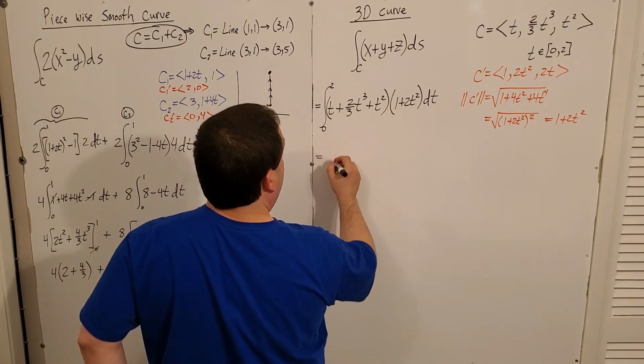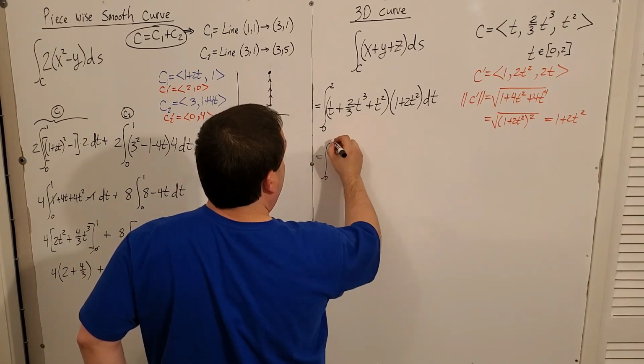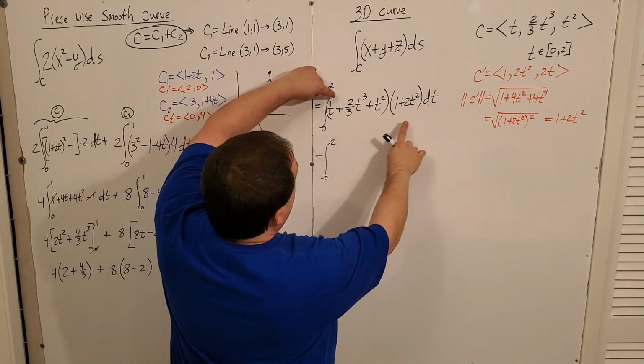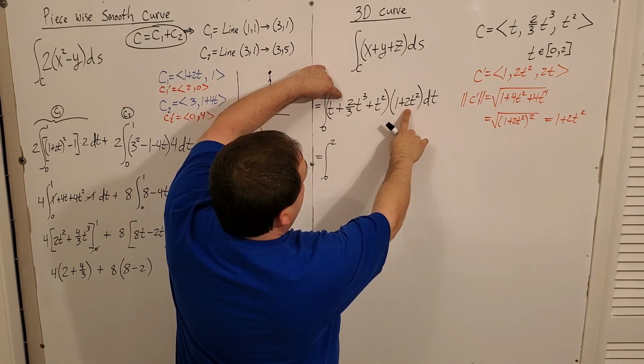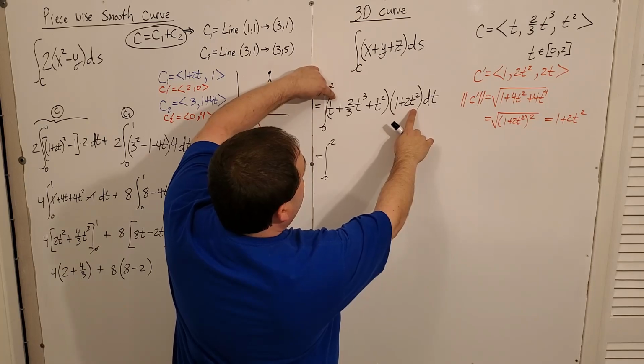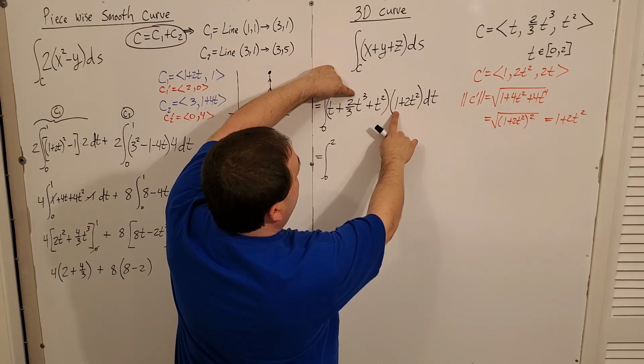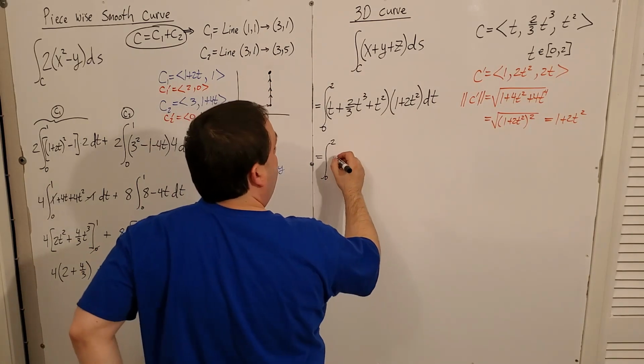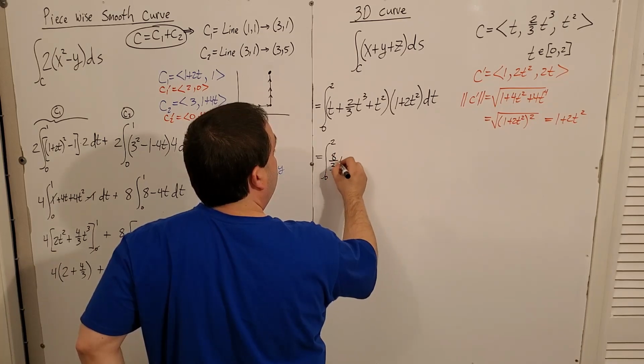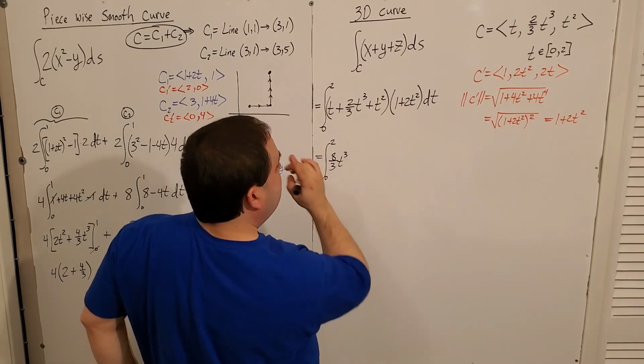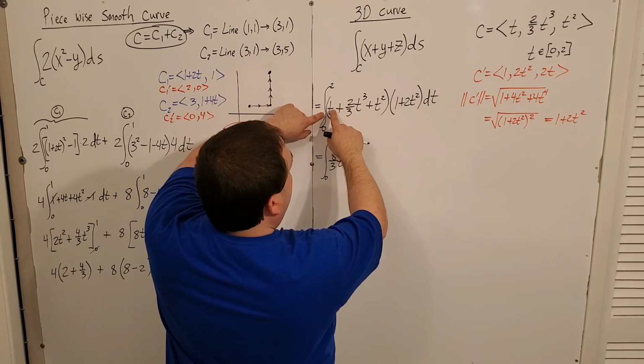If I multiply this out, I notice that I get a t cubed here and a t cubed here. That's 2t cubed plus 2/3 t cubed. So I have a total of 8/3 t cubed. I think that's the only crossover.